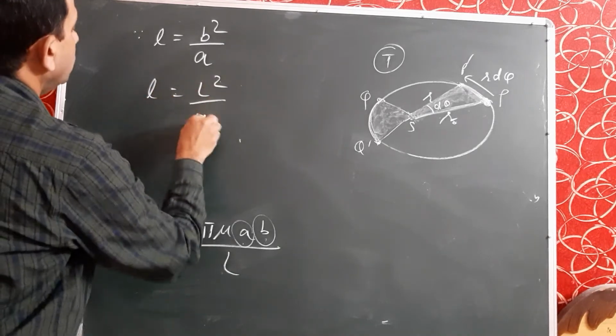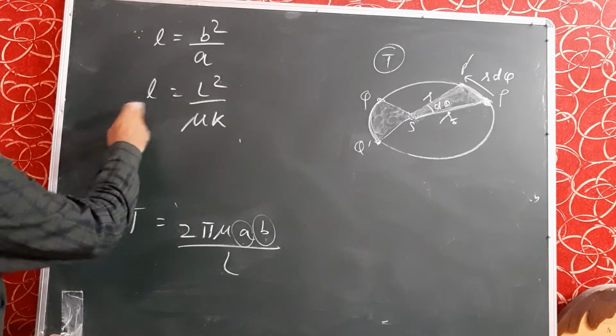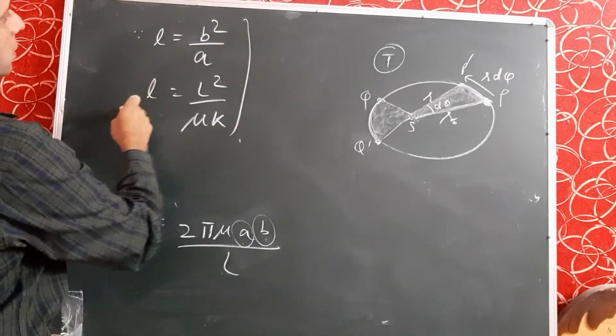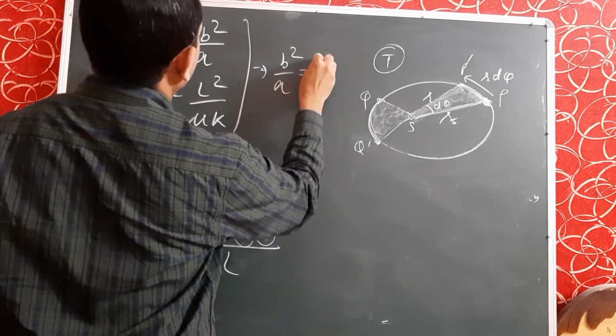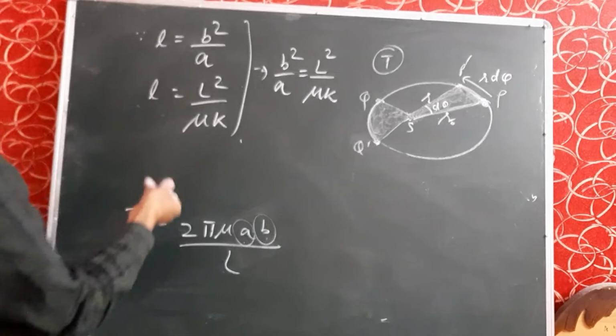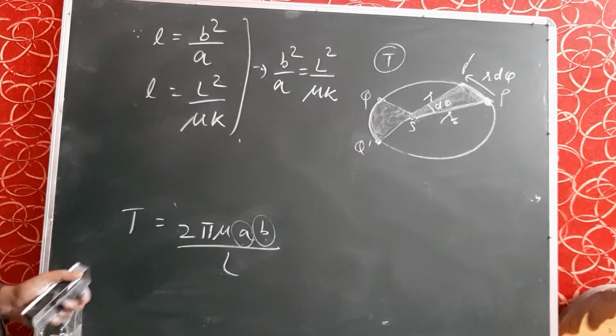We have already proved this in the previous article. So both are the values of l, so compare these values. On comparing, we get b square by a is equal to L square by mu k. Comparing means both are the values of l, therefore the values are equal.